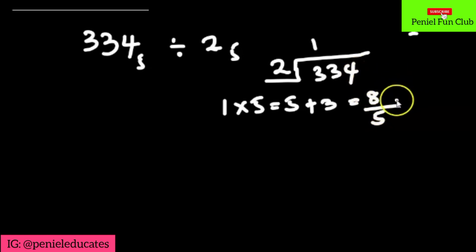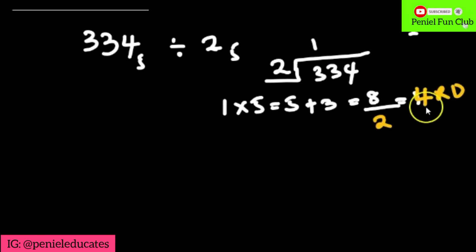Now we divide this 8, not by 5, but by 2. We're actually dividing by 2, so we divide it by 2. It's going to give you 4 remainder 0. So I take this 4 and put it here.